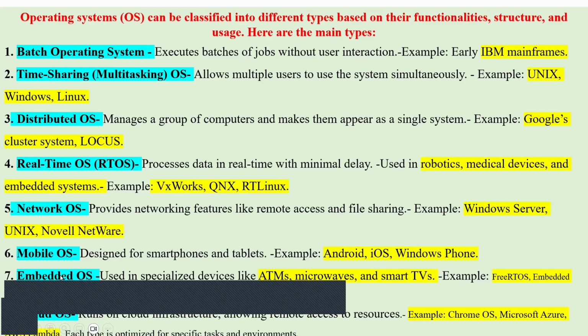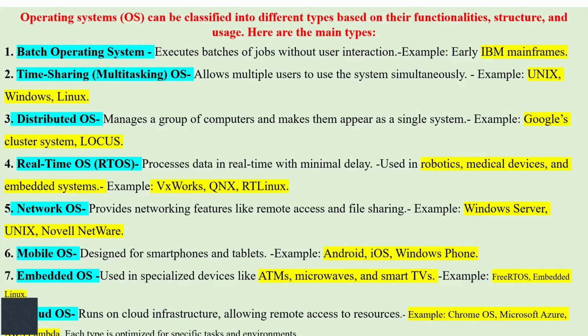The seventh category is embedded operating systems. These are for specialized devices like ATMs, microwaves, and smart TVs, for example FreeRTOS and embedded Linux. The eighth is for cloud infrastructure, where a cloud operating system is used, for example Chrome OS, Microsoft Azure, and AWS Lambda.